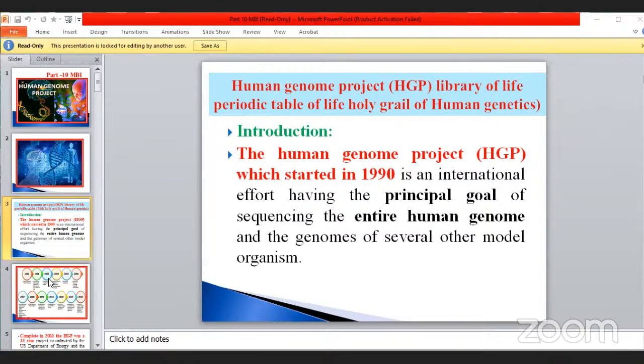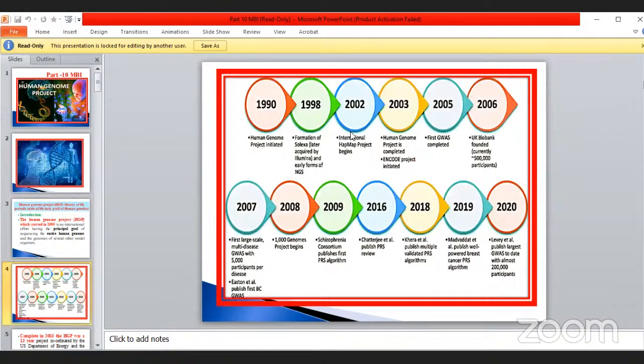See, this is the traditional timeline. When the Human Genome Project started, which year are we in now, and what developments occurred each and every year? They have given us a small slide-like structure. First, you should note it down. The human genome project was initiated in the year 1990.